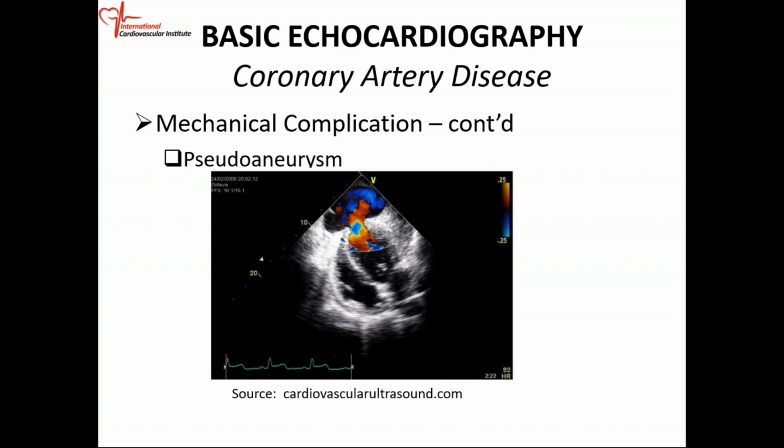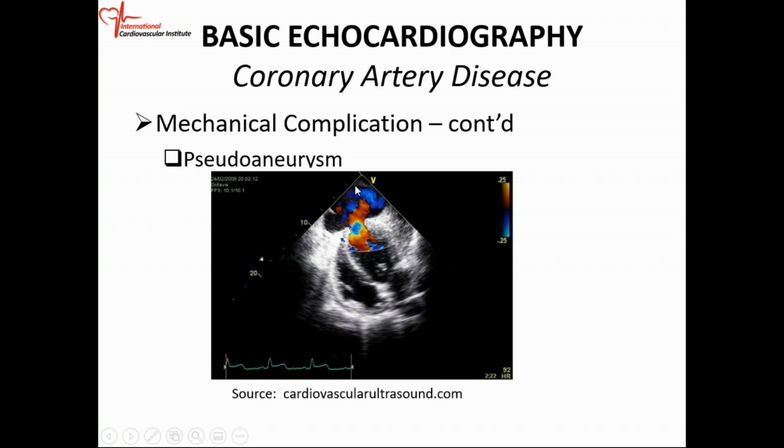So this is what a pseudoaneurysm looks like. At the apex of the LV, it ruptures, and if it wasn't for this containment in the pericardium, this patient would die suddenly.